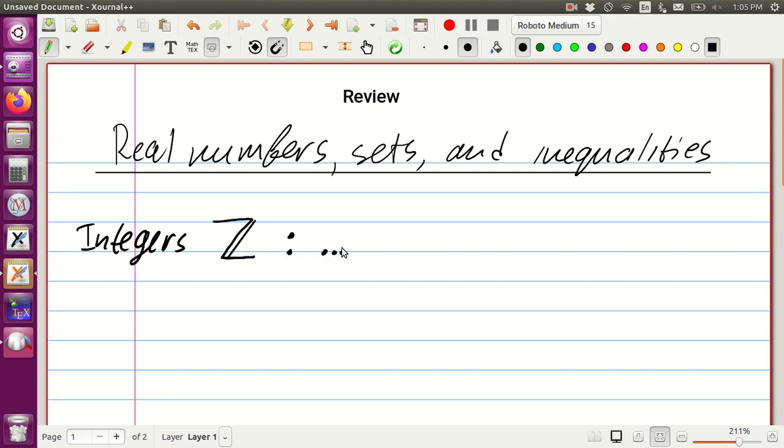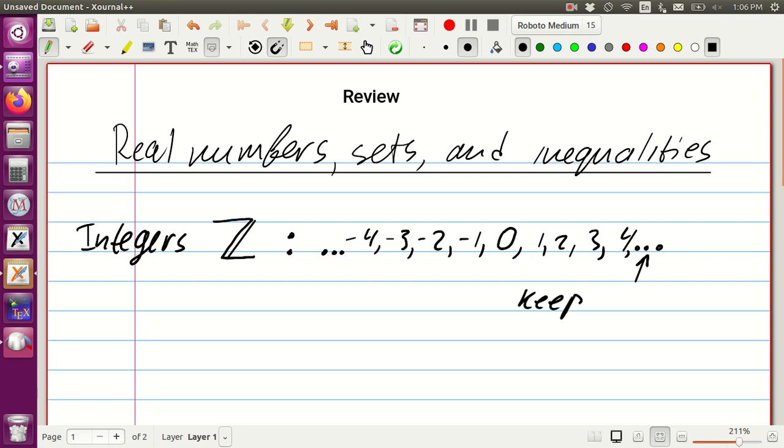They start at negative infinity and they go by 1: negative 10, negative 9, negative 4, negative 3, negative 2, negative 1, important number 0, 1, 2, 3, 4, and so on.